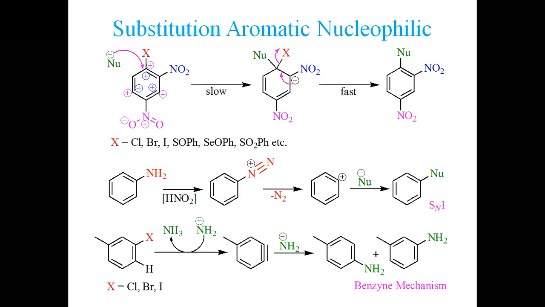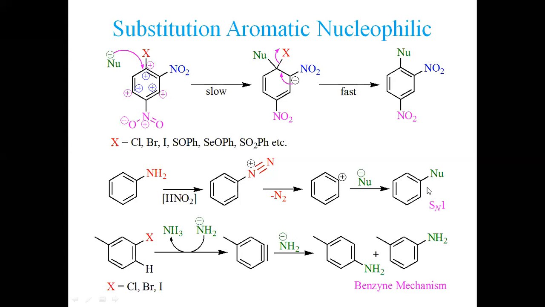It generates in situ HNO2, which we call nitrous acid, which is very reactive. If you remember, it reacts with primary amines, generating a diazonium. This diazonium makes this carbon very electron deficient. So what shall happen? It shall generate a positive charge. This shall leave first, or at the same time a nucleophile can approach.